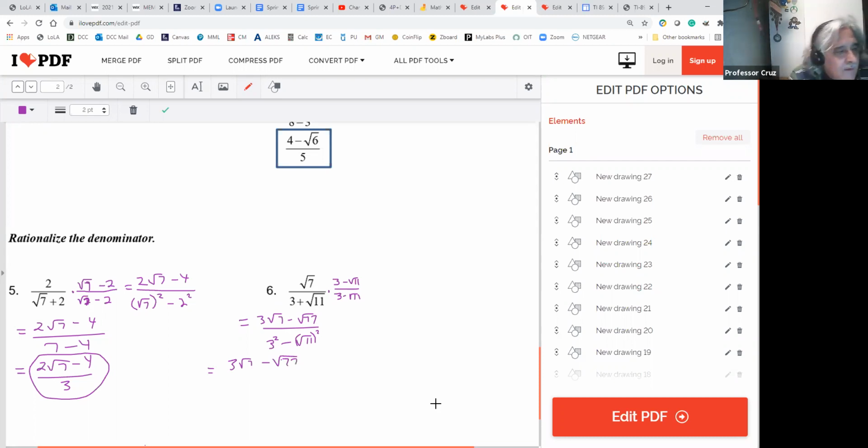The only factors of 77 are 11 and 7, right? So neither one of those are perfect squares. And again, the 2 doesn't go into 3 or 1 up there, so we can't.